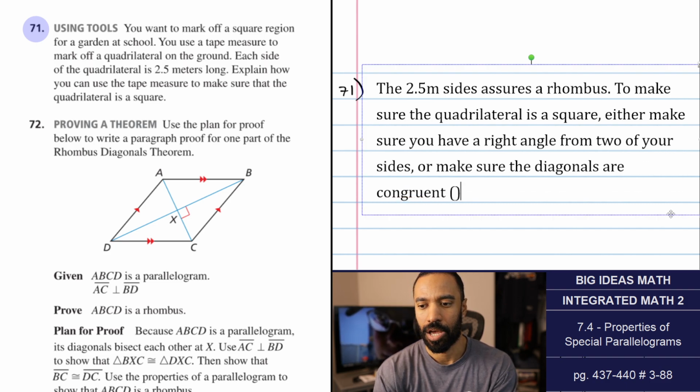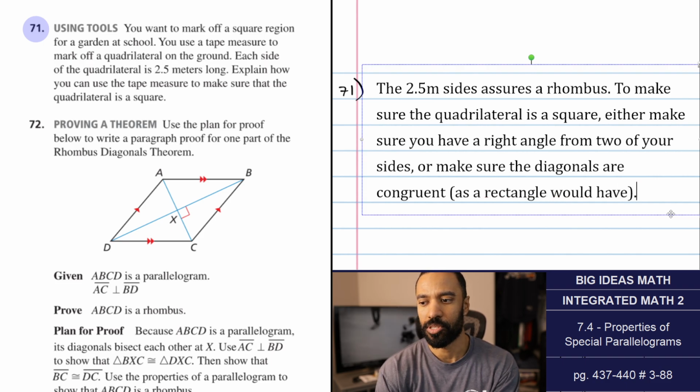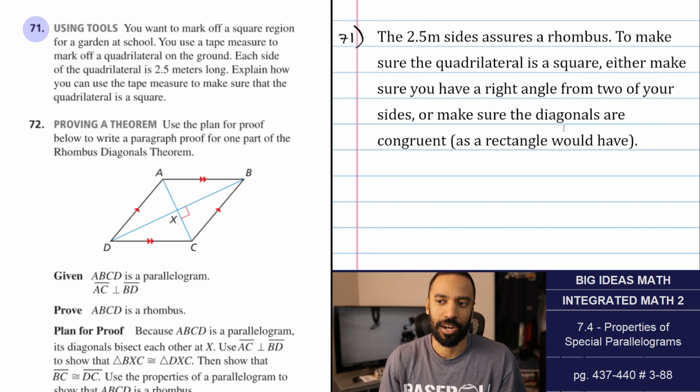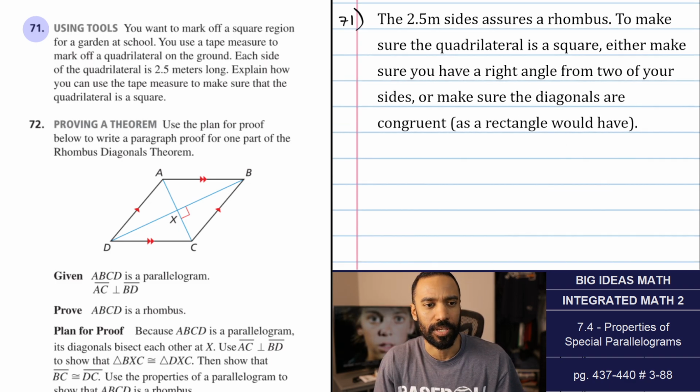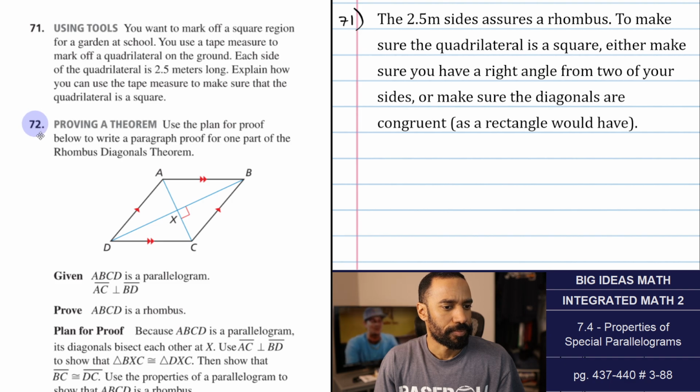Either of those, as a rectangle, would have. If your rhombus is a rectangle, you'll have a square, and that's kind of what you want to build off of. That's the idea. All right, number 72.